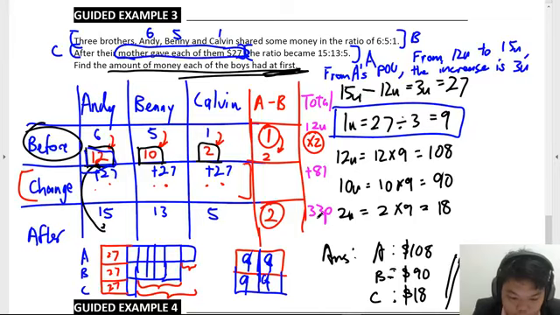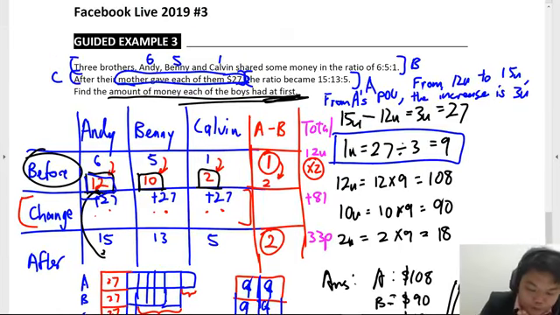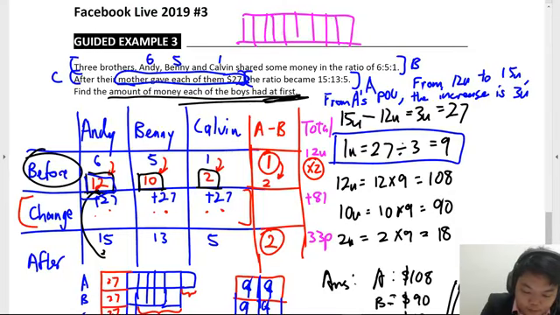Okay. One of the most common questions I see here is why 15U minus 12U is equal to 3U. I repeat again. If you look at A's point of view, from 12 units, 1, 2, 3, 4, 5, 6, 7, 8, 9, 10, 11, 12.